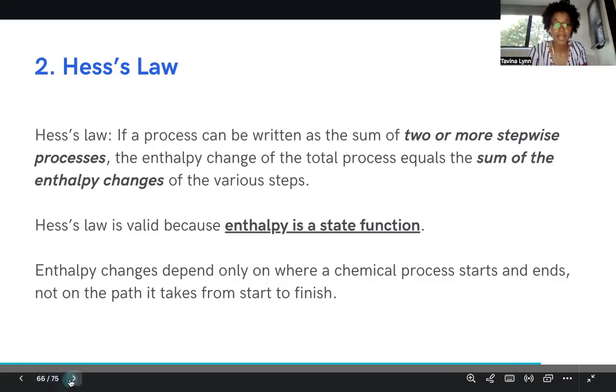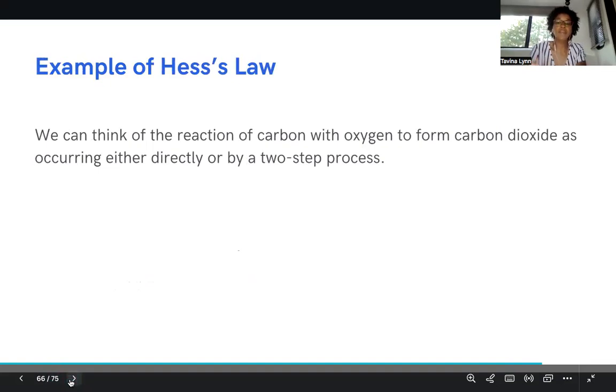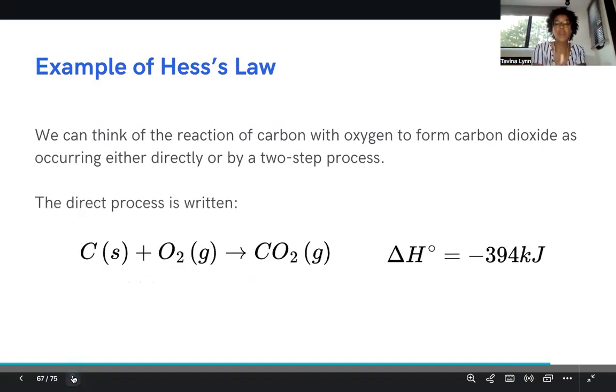So let's look at an example. We can think of a reaction of carbon with oxygen to form carbon dioxide, right? We have carbon, it reacts with oxygen to form carbon dioxide in one process. It happens directly. Or it could happen in, say, two steps. So the direct process, we would write it as this.